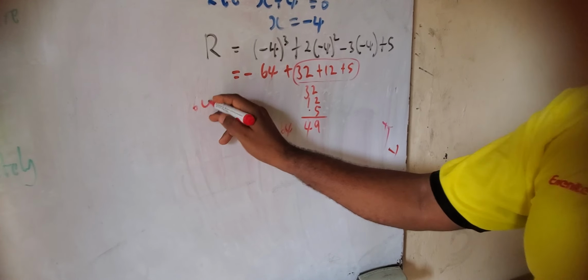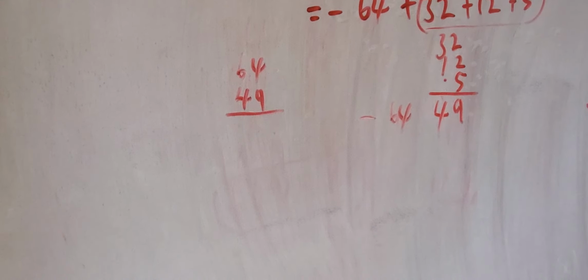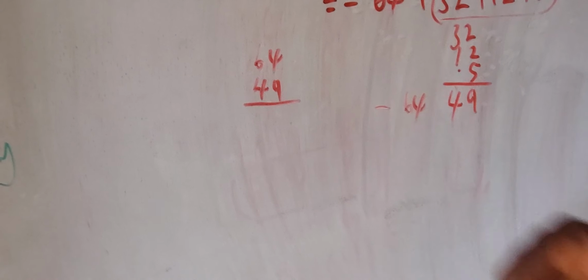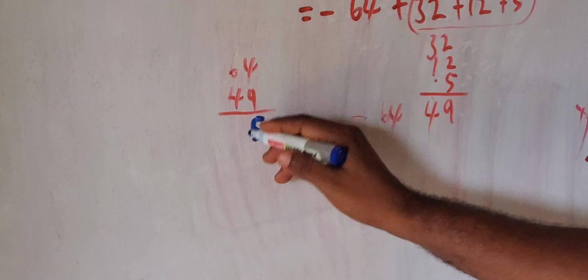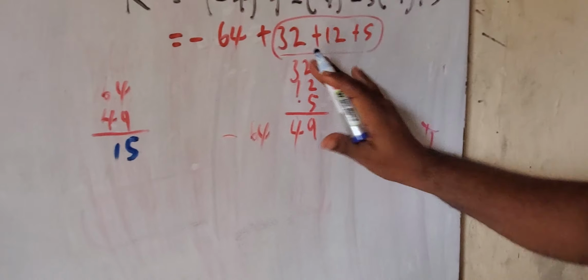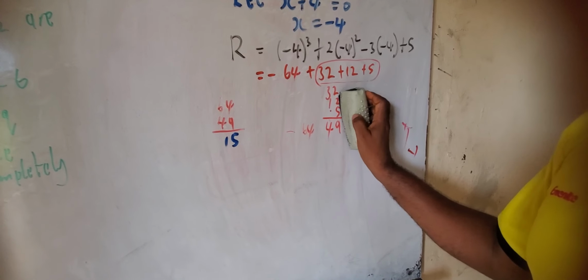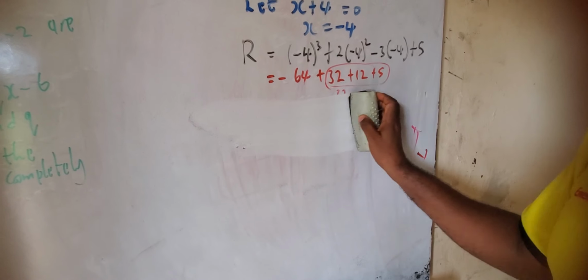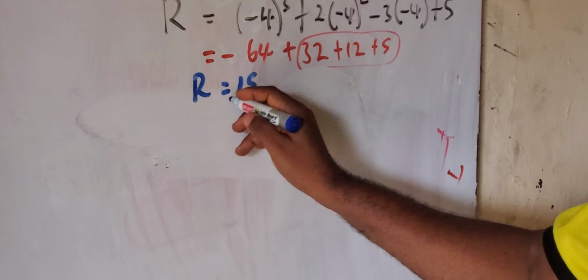So 64 take away 49. We borrow here, this is 14. 14 minus 9, that's a 5. Then 5 take away 4, that's a 1. So that means our remainder that we are going to have as our final answer is 15. So the remainder for this problem is 15.